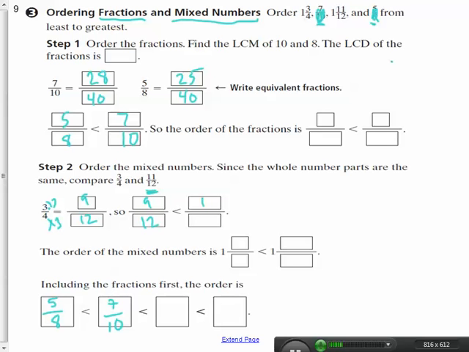So 9/12 is smaller than 11/12. So my mixed numbers are going to be 1 3/4 and 1 11/12. So going from smallest to largest, I have 5/8, 7/10, 1 3/4, 1 11/12.